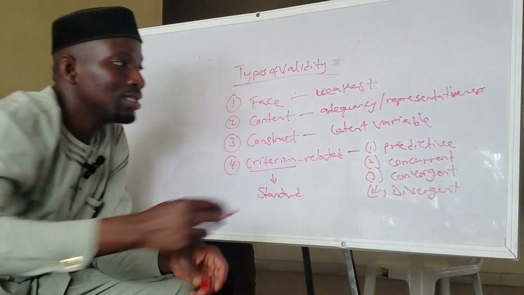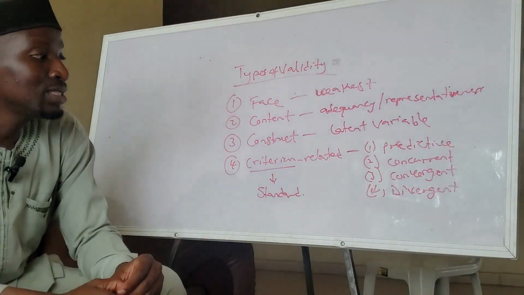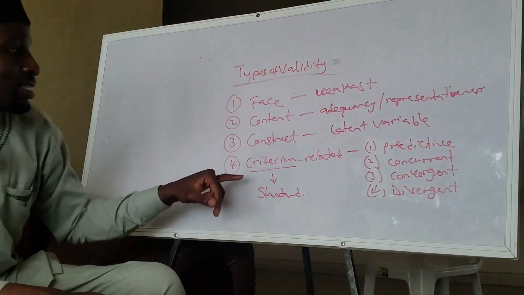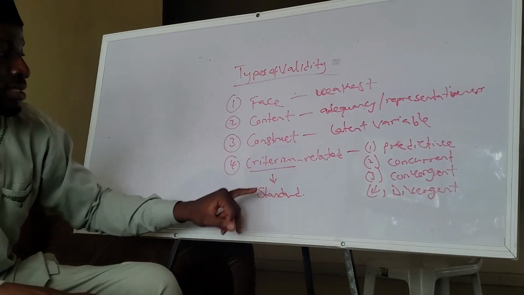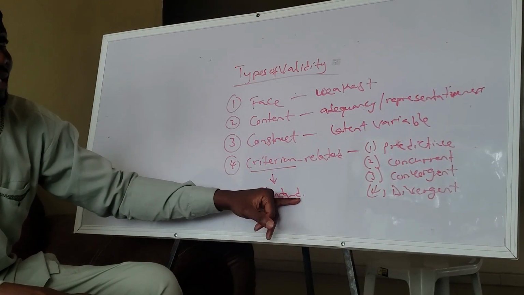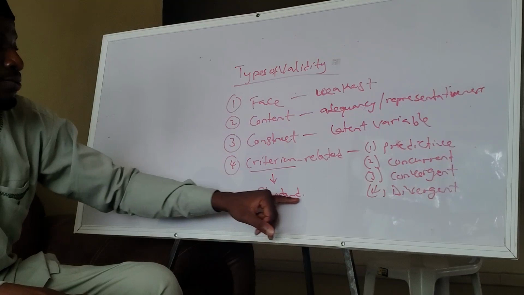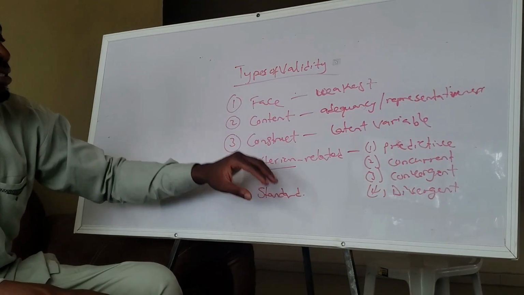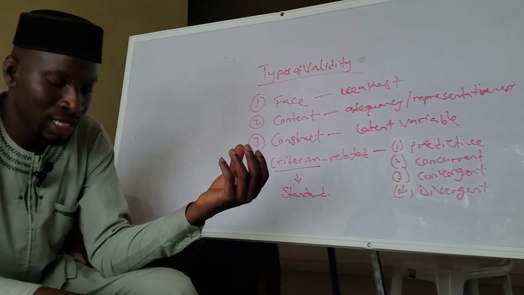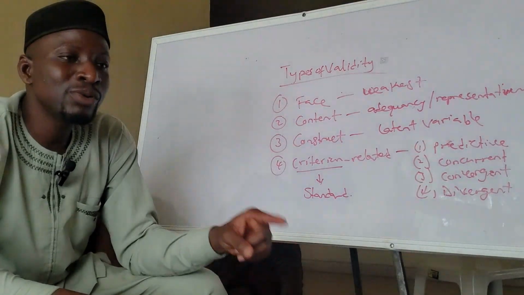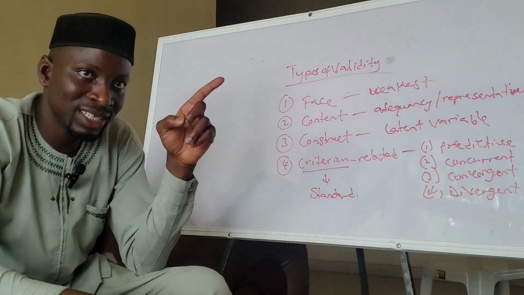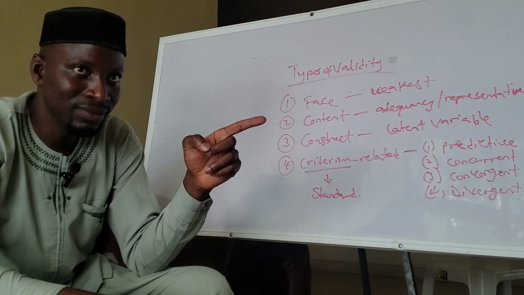So when we say predictive, concurrent, convergent, and divergent, criterion related, there's a standard of comparison. And when we say standard of comparison, it means that the test you are using, you are comparing with a similar or different test that is of standard.